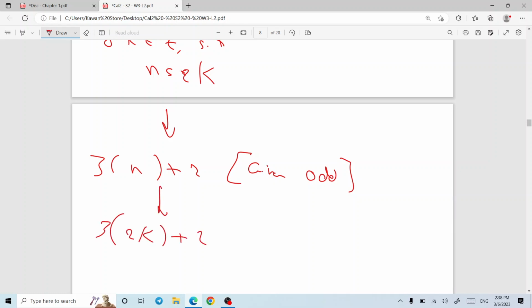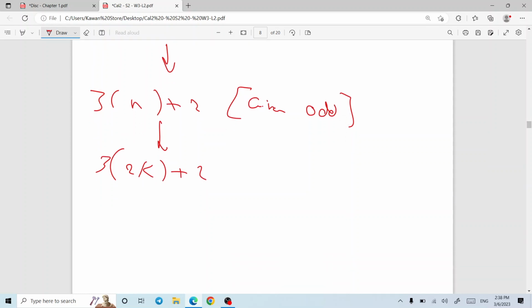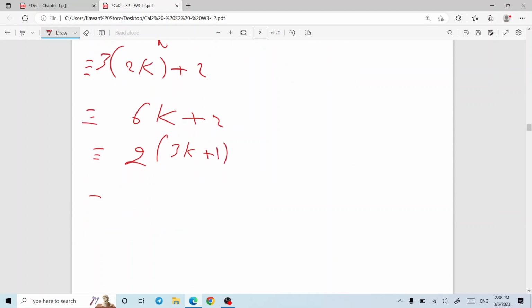Am I right? n is what? Like that. Then I'll get 6k plus 2. Then I will get 2 times 3k plus 1. Am I right? Then I say I get 2L, and I say this is contradiction.